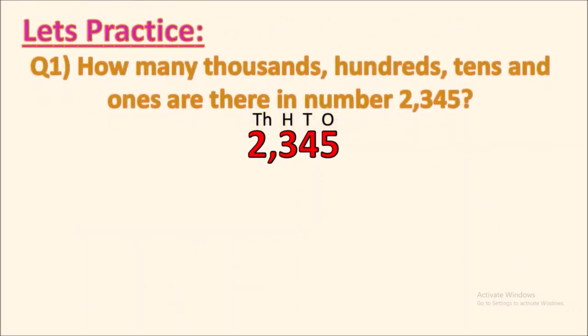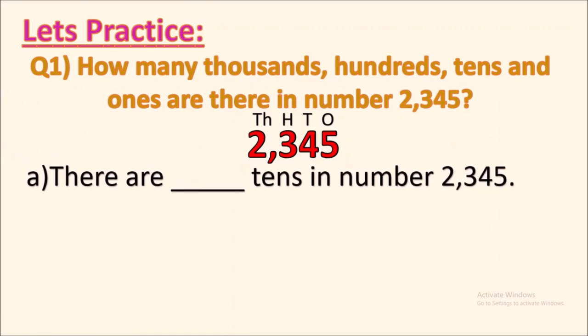How many thousands, hundreds, tens and ones are there in number 2345? Let's check the A bit. There are dash tens in number 2345. You can see the number 2345, and on top of it I have written the place values. 2 at the thousand place, 3 at the hundreds place, and 4 at the tens place, and 5 at the ones place.